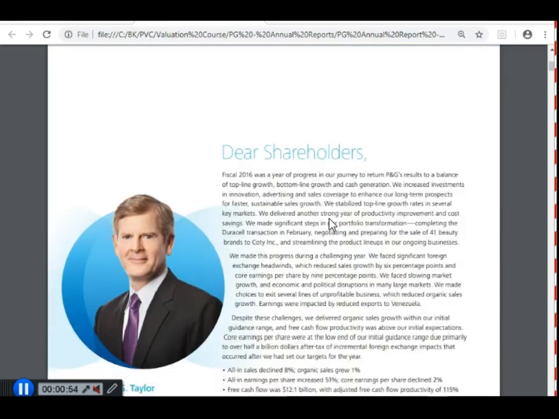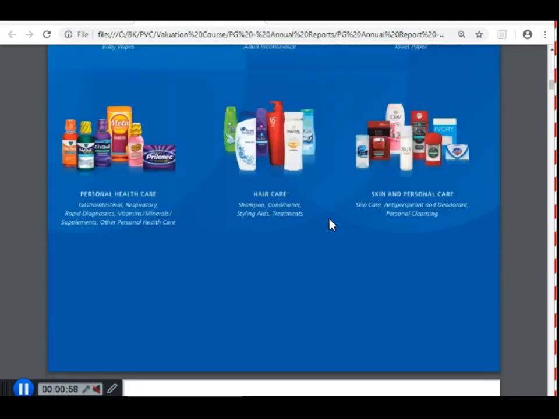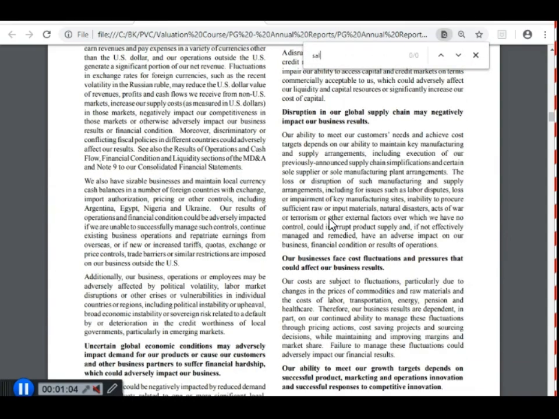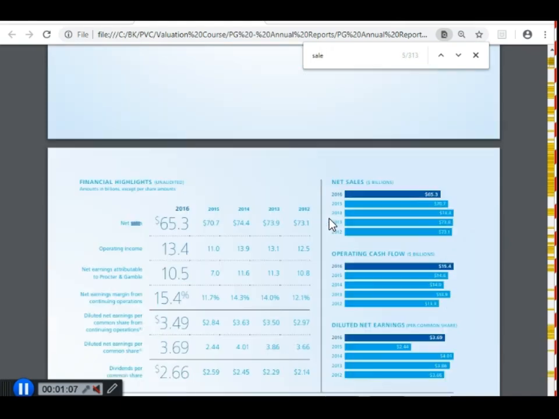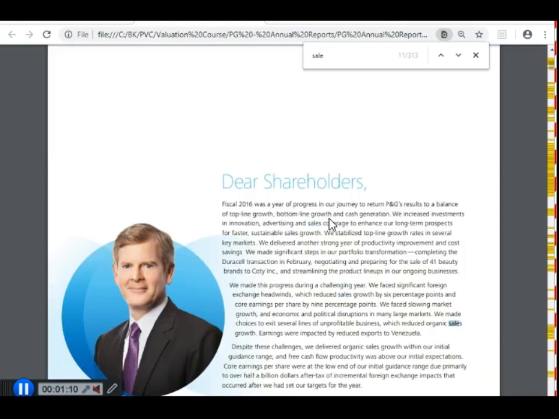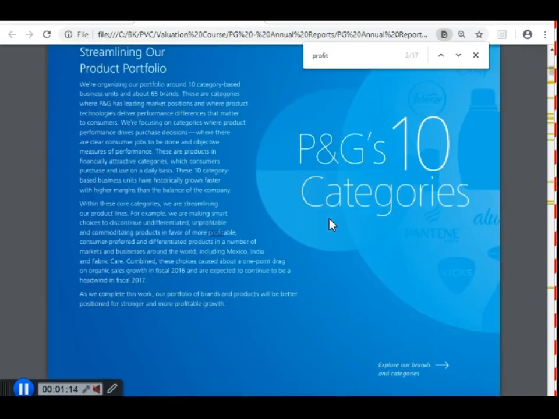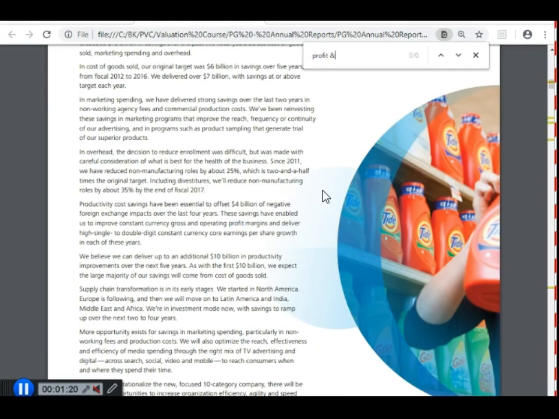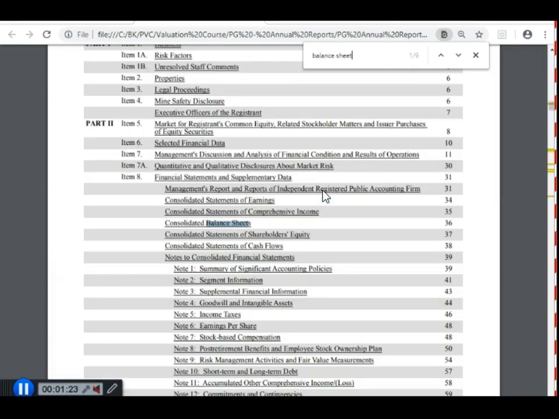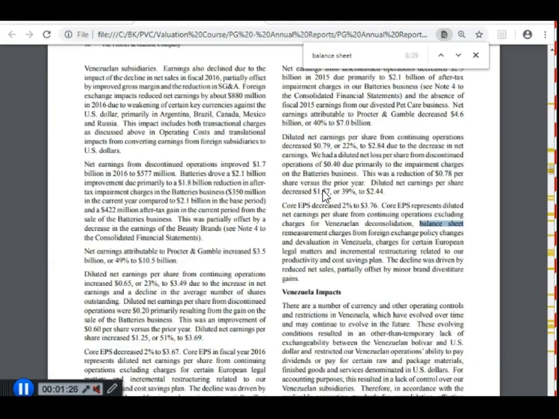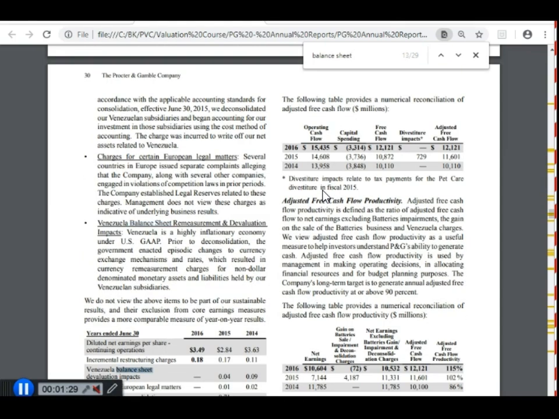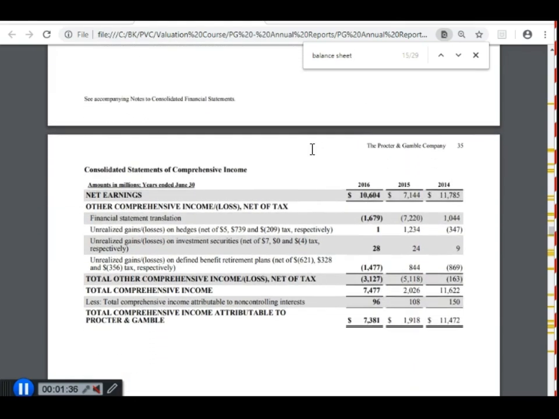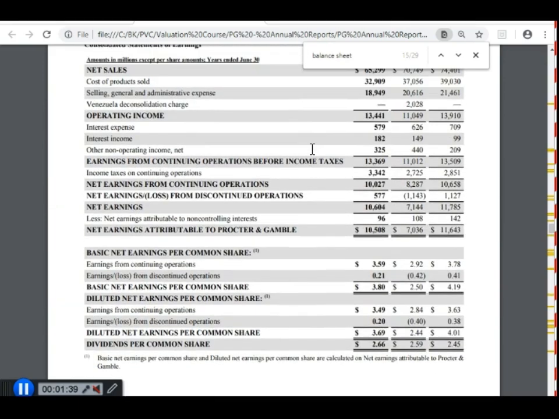Second, when I go further into the notes to financial statements, the profit and loss, okay, this is the income statement.